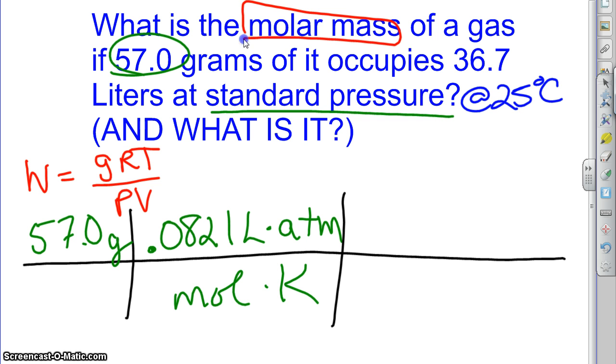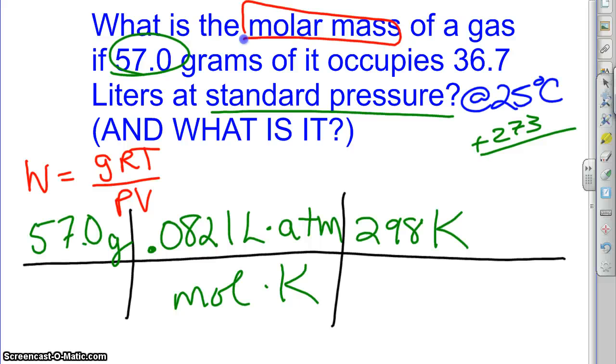Of course, you cannot plug in 25 degrees Celsius because we have to work in Kelvin, so I'm going to add 273 to that to get 298 Kelvin. Again, that was an oversight. That would have been given in the problem itself, I just forgot to type it in. So 298 Kelvin.